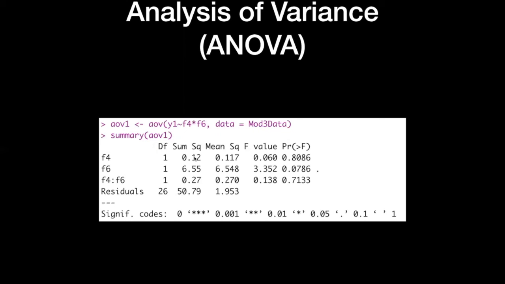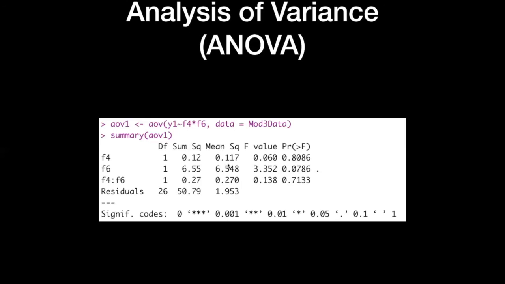The sum of squares is another form of the variance. The mean sum of squares is simply this data divided by the degrees of freedom, and you'll get this value. The F value is the between group variance divided by the within group variance, where the residual is the within group variance.